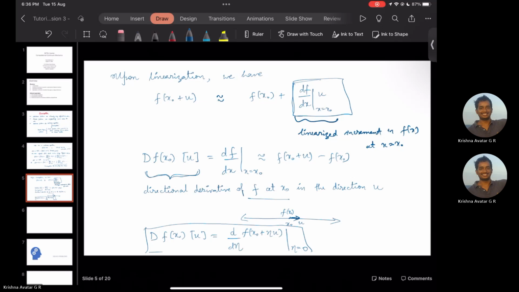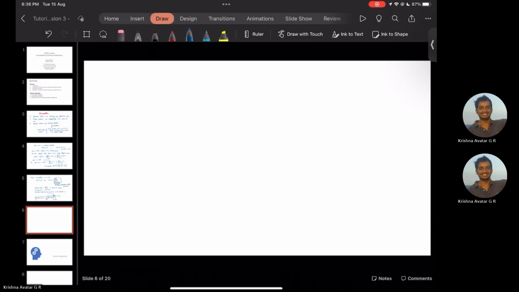Now let me try to bring in the Newton-Raphson method here. What we had was f at x naught plus the derivative of f at x naught in the direction of u.